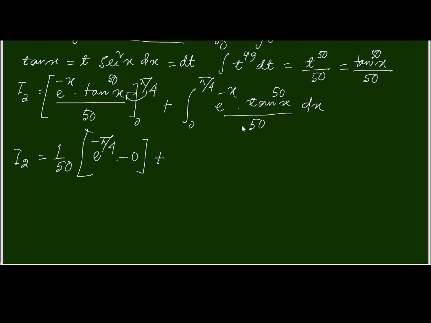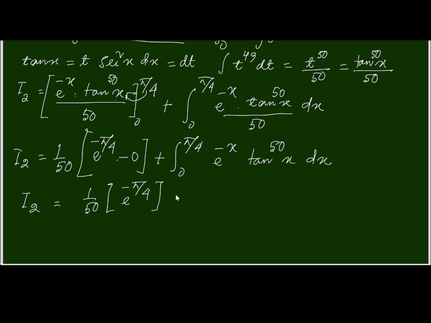In the last one, I'm not doing anything, because we can observe the numerator, it is exactly the same expression. So I2 equals 1 over 50 times e to the power minus pi by 4 plus the integral from 0 to pi by 4 of e to the power minus x tan 50x dx.